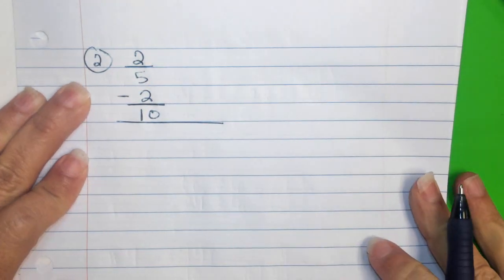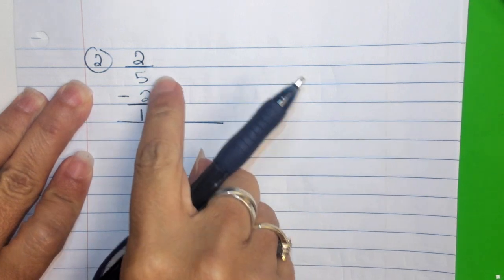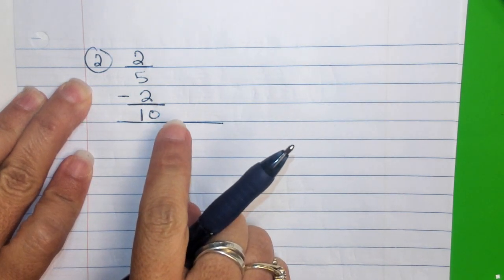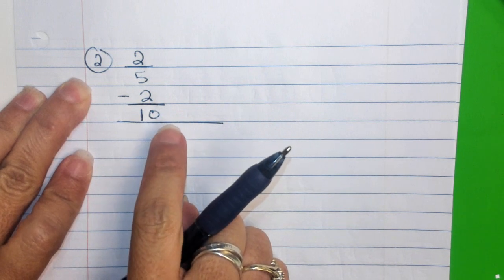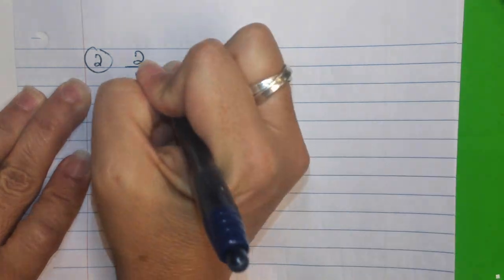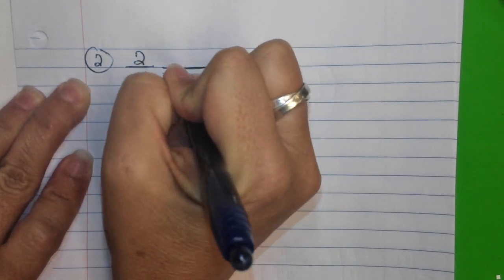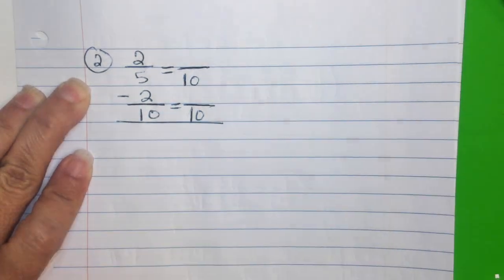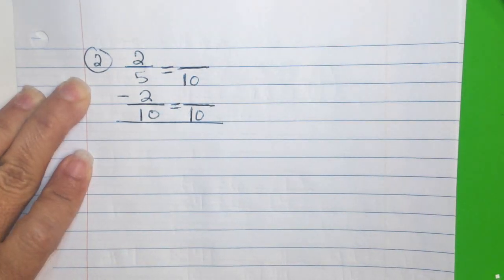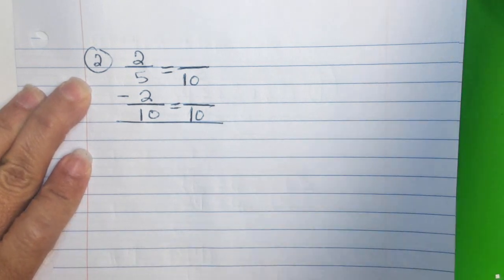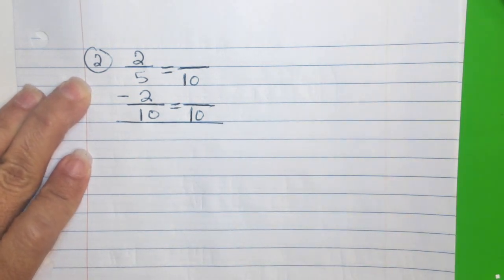Okay. So step number 1. If I skip count by 5s, 5, 10, 15, 20, and I skip count by 10s, 10, 20, 30, 40, what do they hit together? 10, right? That's how I'm getting that bottom common denominator. Now to create the numerator, this is the weird part, and there's a couple different ways to do it.